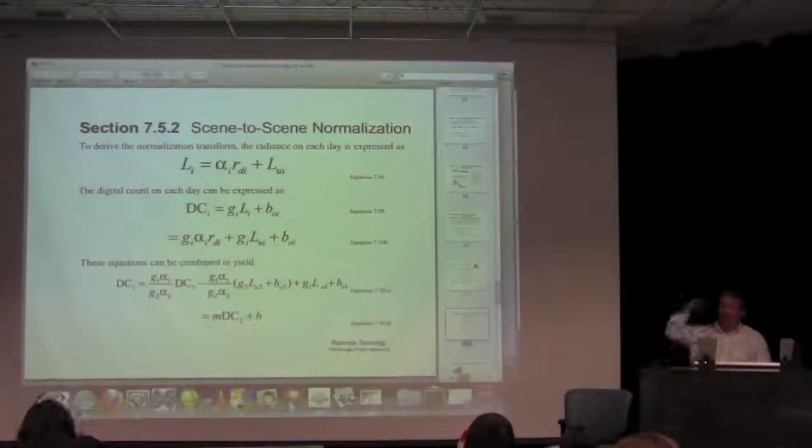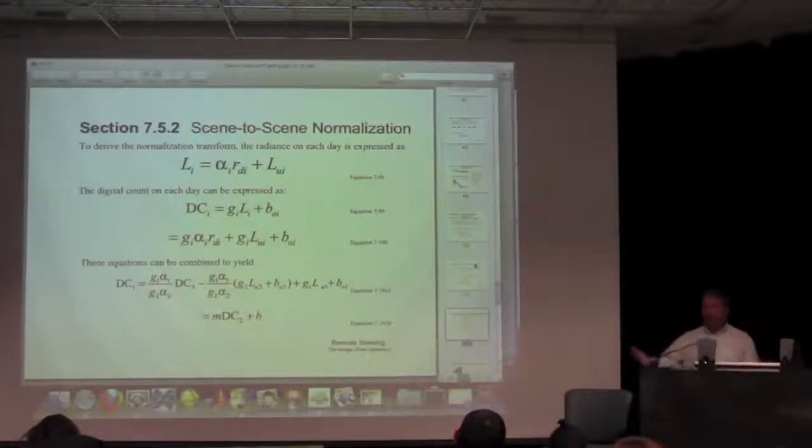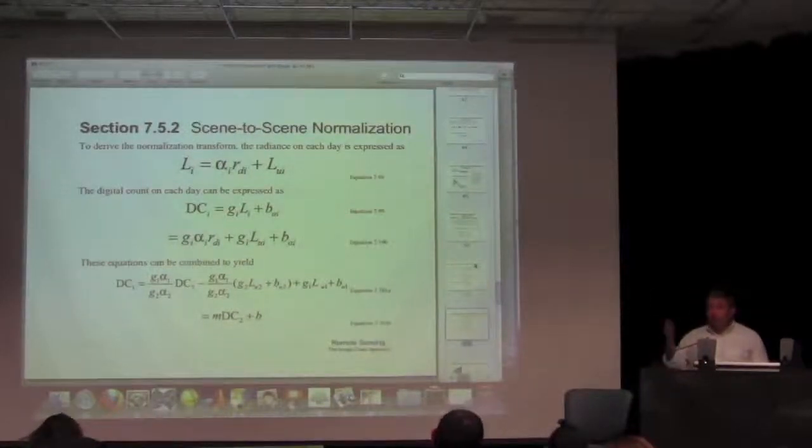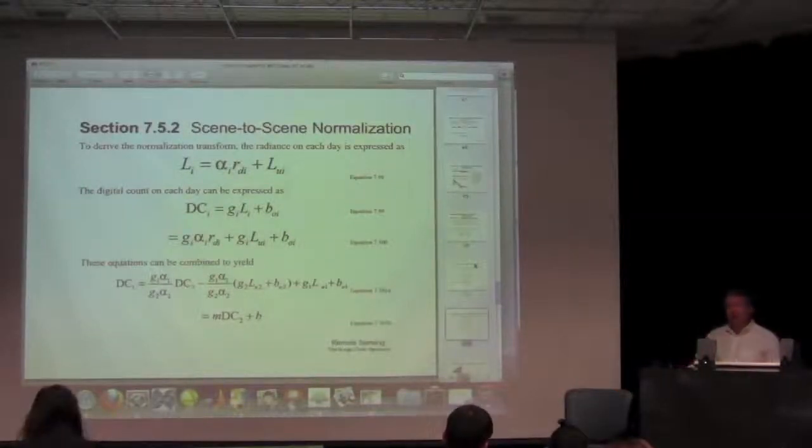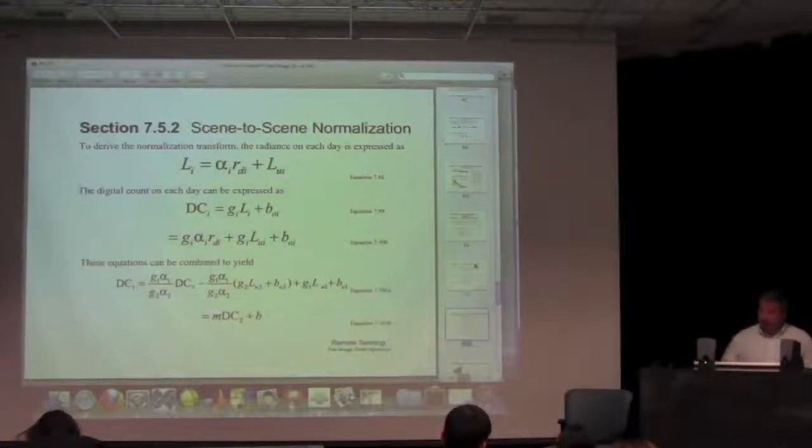All right, so let's say I flew over the RIT campus on Monday, and then later on in the week, on Friday, I flew over the RIT campus again. Obviously, the weather's going to change, the atmosphere's going to change, and when you look at the imagery, it's going to look different because the transmission and path radiance terms will have changed over time.